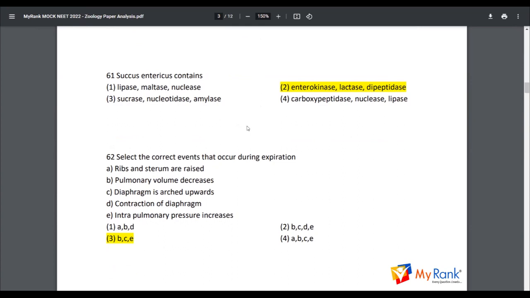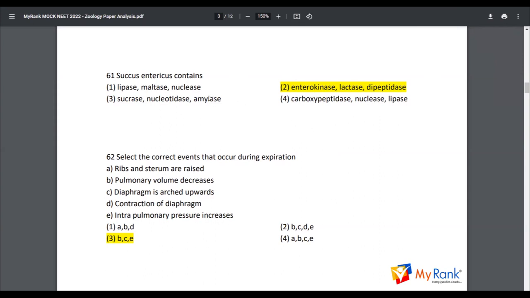Question number 61. Succus entericus contains... Succus entericus is nothing but intestinal juice. So it contains enterokinase, lactase, and dipeptidases. So option 2 is the correct answer. Why? Rule out the other options.